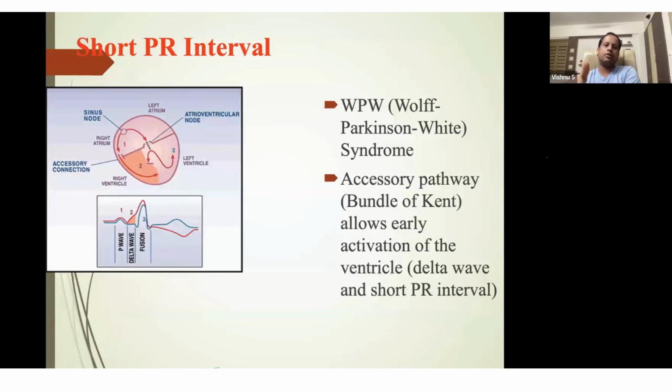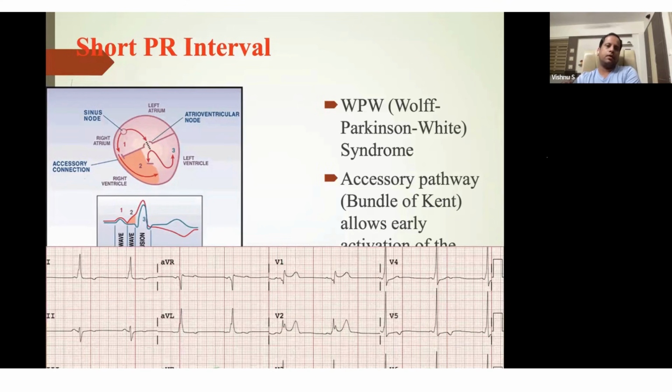But in Wolff-Parkinson-White syndrome, there is an accessory pathway that conducts faster than the AV node. So the AV delay part is not there, and the QRS begins early. So the PR interval will be very short in that case. Some storage diseases, where an accessory pathway is very common, and congenital diseases with an accessory pathway also have a short PR interval.